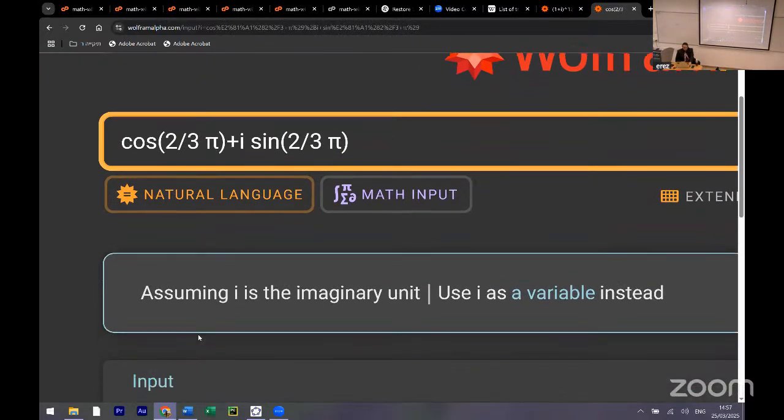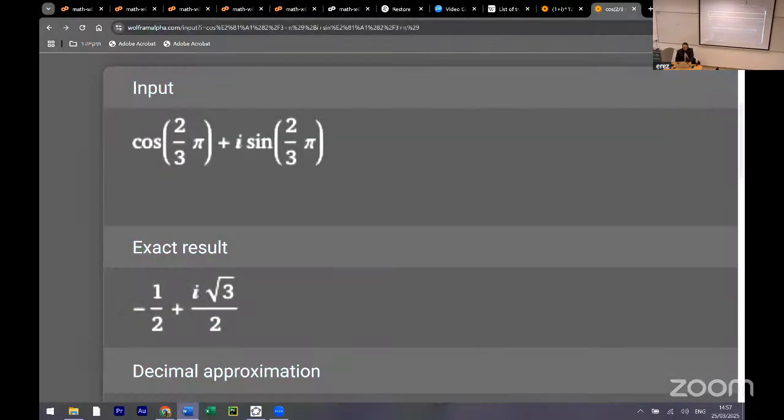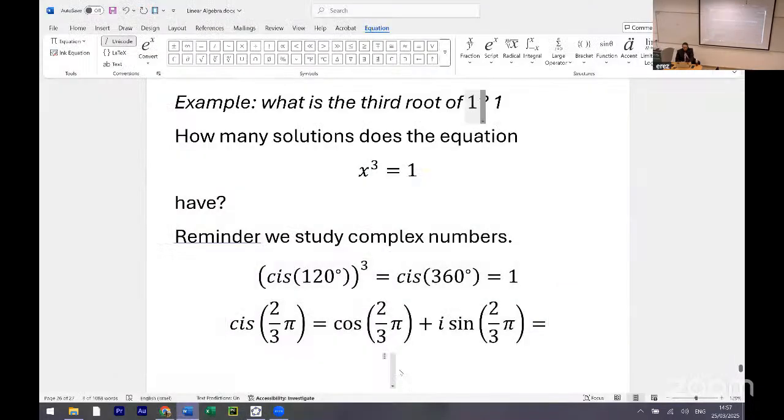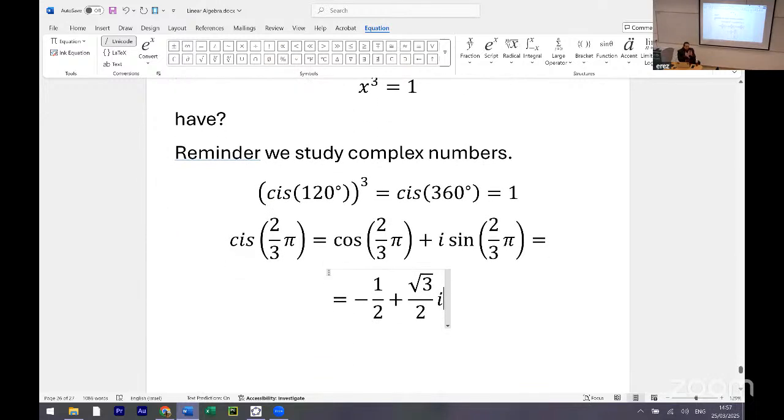And square root of 3/2. Yes, correct. So it's -1/2 plus the square root of 3/2 i. So it's a specific complex number.